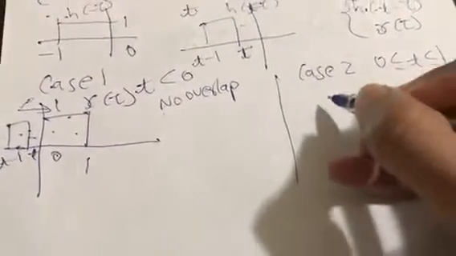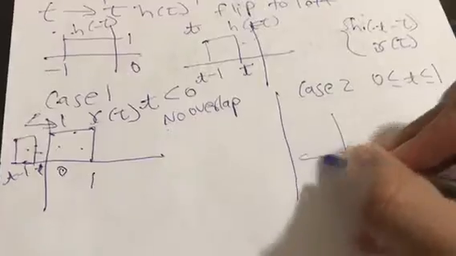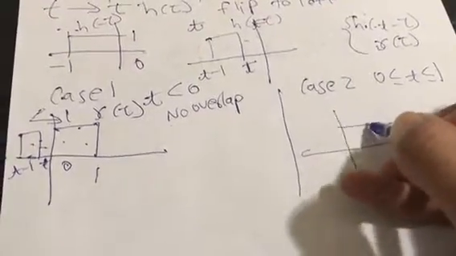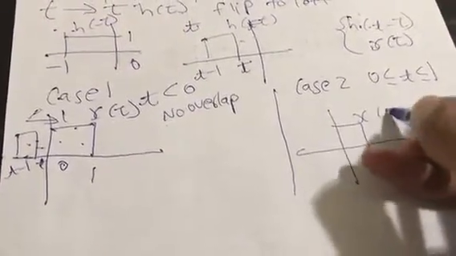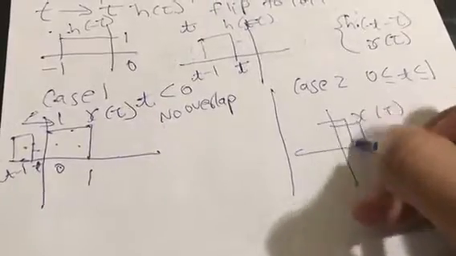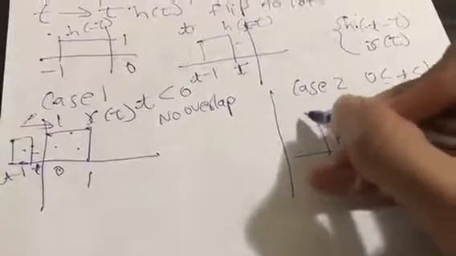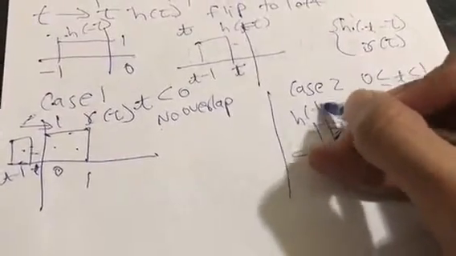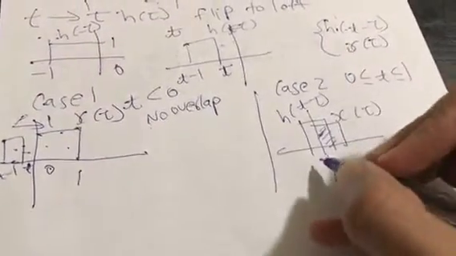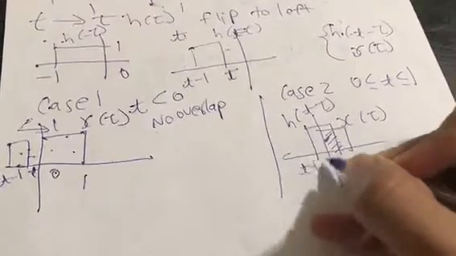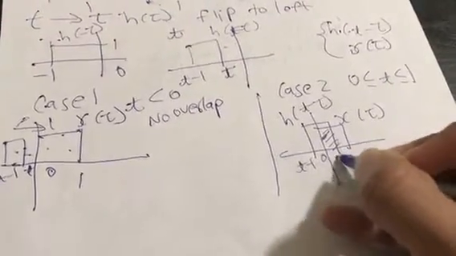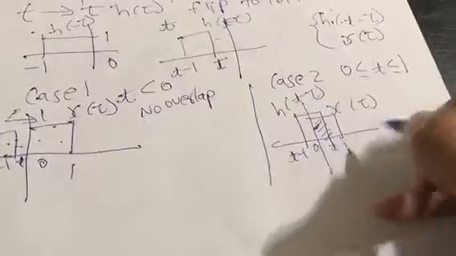So I guess it'll be something like this. This is x of tau, and here, I'm sorry, I want to show overlap. So this is h of t minus tau. Here it is t minus 1, this is 0, t, and 1. So you can see this is the overlapping region.